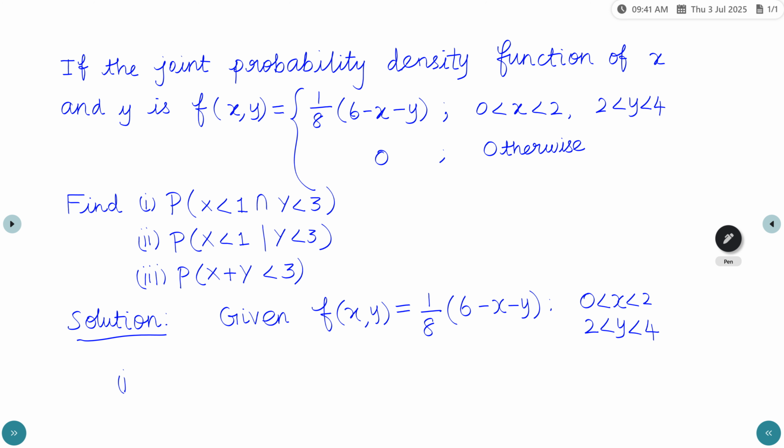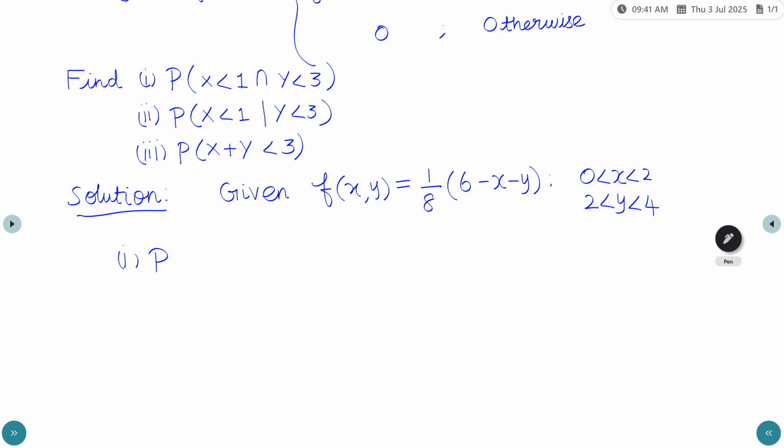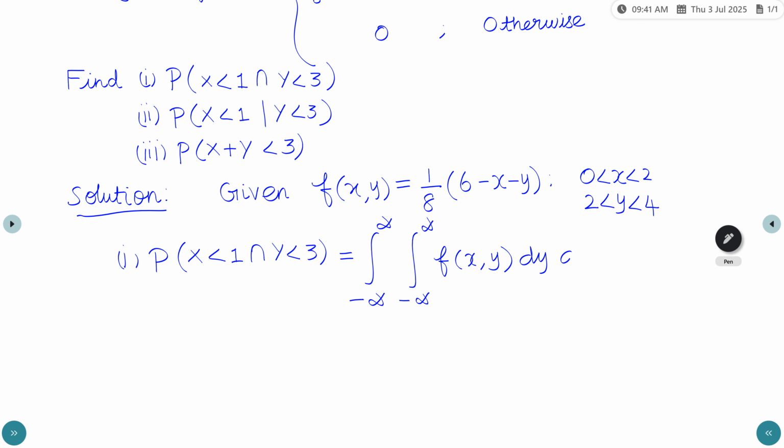The first one, probability of X less than 1 intersection Y less than 3. The formula for this, in general, is the integral from minus infinity to infinity over the x interval, and the y interval minus infinity to infinity, f(x, y) dy dx.